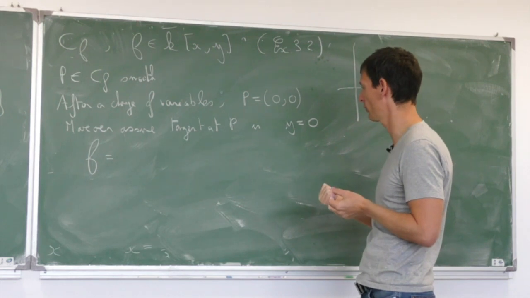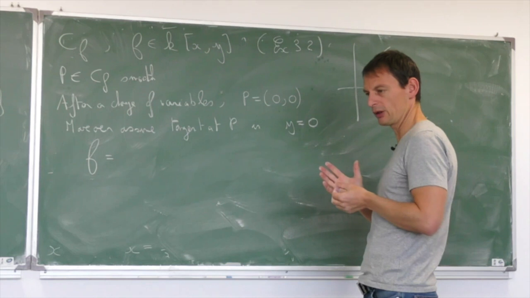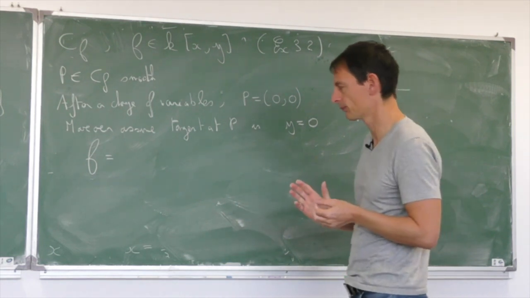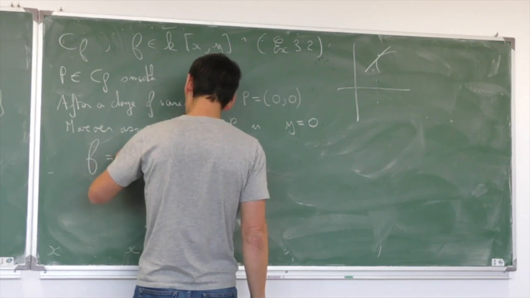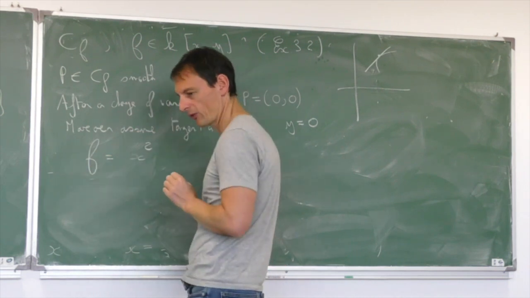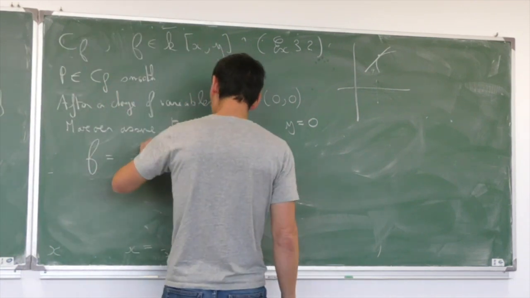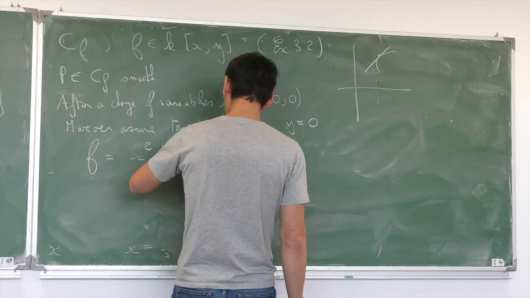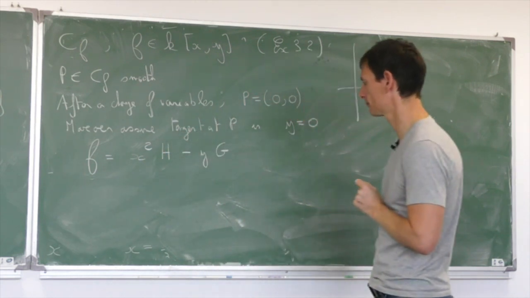But also because y equals 0 is the tangent, it means that there is no x term. So I can always write my f as x squared times a polynomial h, minus y times a polynomial g.